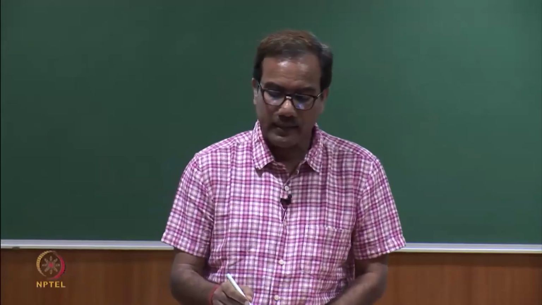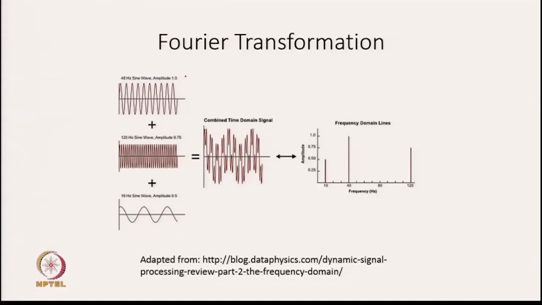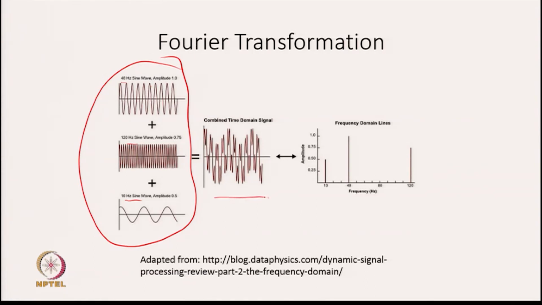So, look at this picture and here there are three waves, one with 10 hertz, 120 hertz and 40 hertz. These are three waves of different frequency, and this is your combined signal.